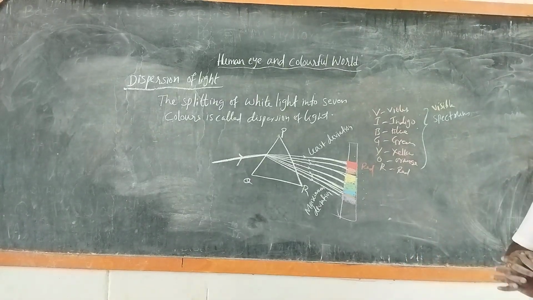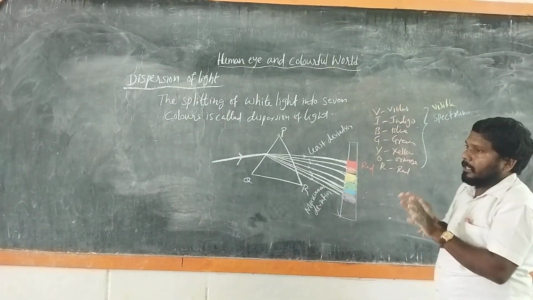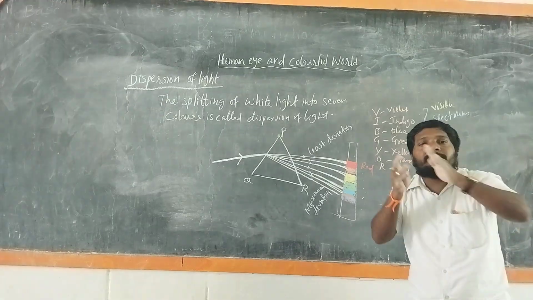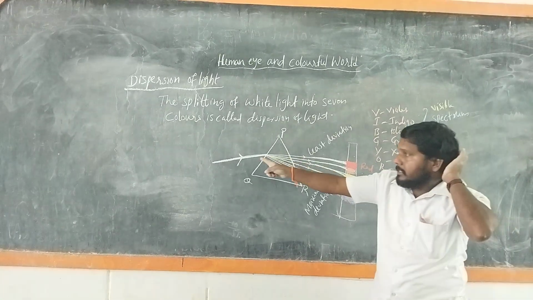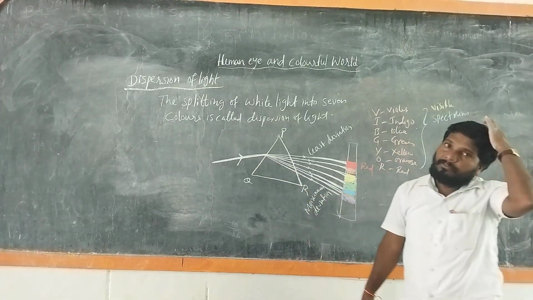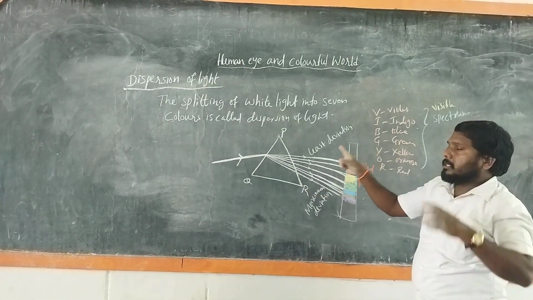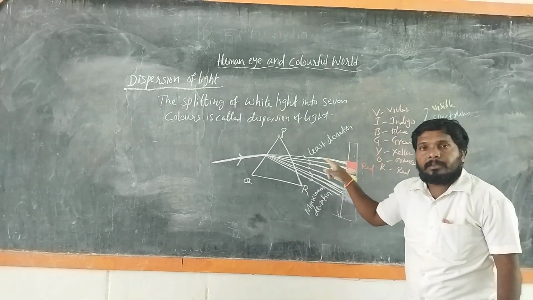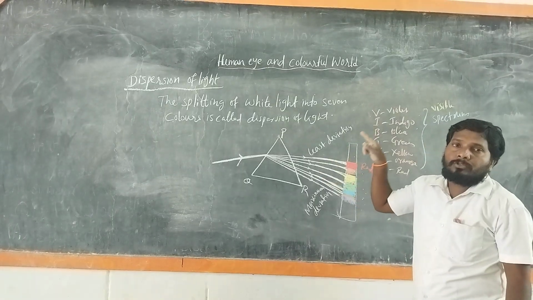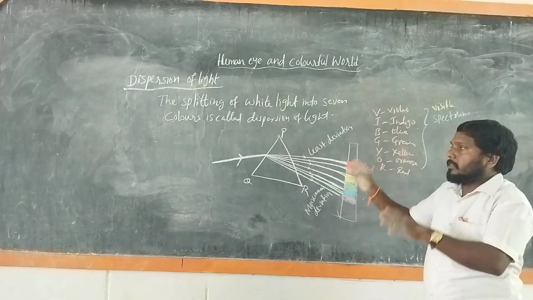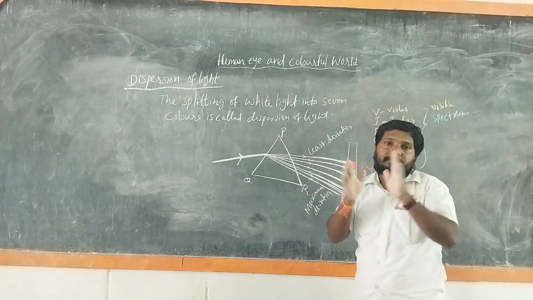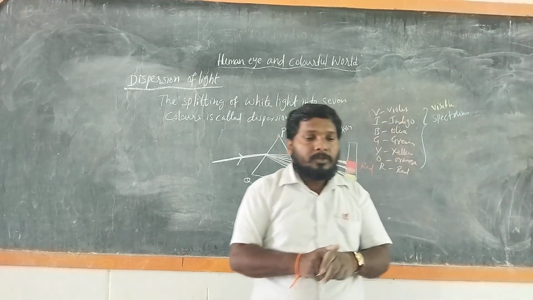White light consists of 7 colors, and each color has a different speed. Due to the different speeds, they deviate differently, at different angles.